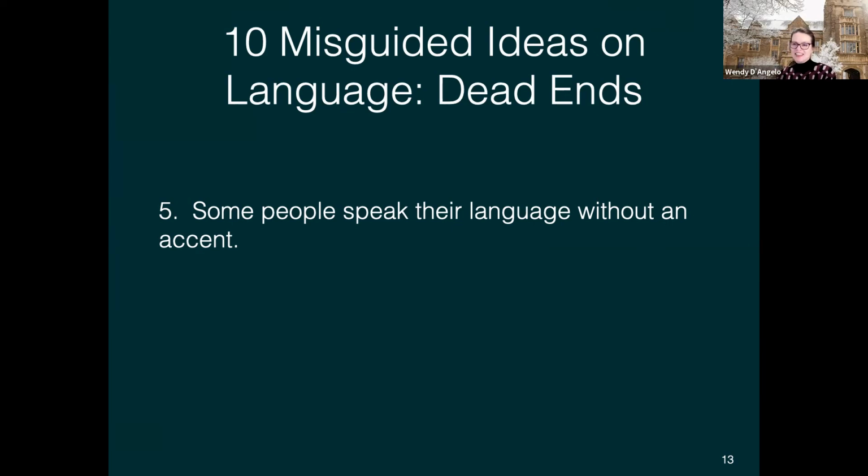And that idea stayed in the minds of so many people, and it brought so much shame to them, that the idea of speaking without an accent, which is impossible, we all have one, was the goal of so many, right? So sometimes when you meet Italians, they think they're complimenting you by saying that you speak a pure or a clean, sorry, that's the word that they use, a clean Italian.